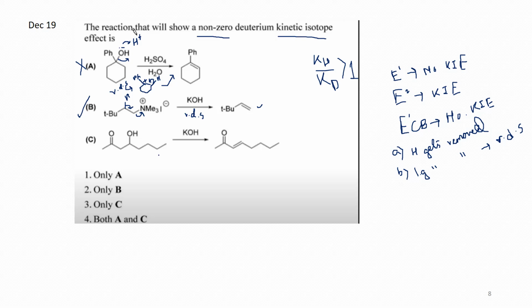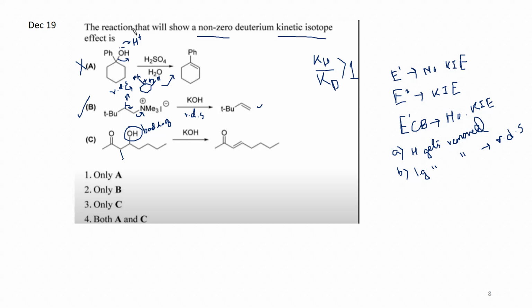Next, this one. In this case, as the leaving group is a bad leaving group, so we know what is E1CB whenever there is a bad leaving group. It will not get removed easily and no H plus is given like this one. Only basic condition is there.